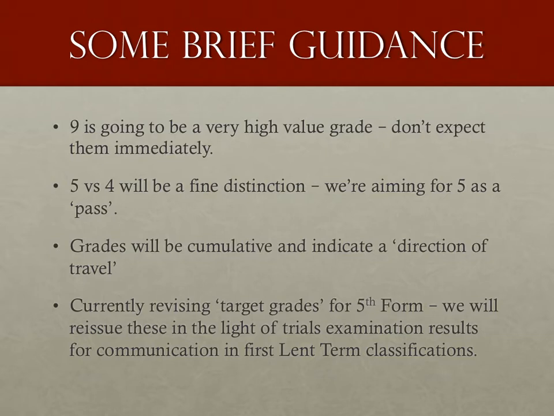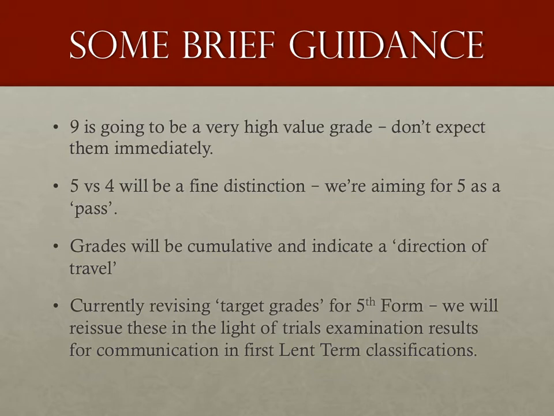We should also say something about how grades happen. Effectively, if you get a grade in a particular classification, let's say you were to get a 6 in English halfway through the year, what that effectively is saying is not that you are getting a 6 just for that 6-week period since the last set of classifications.